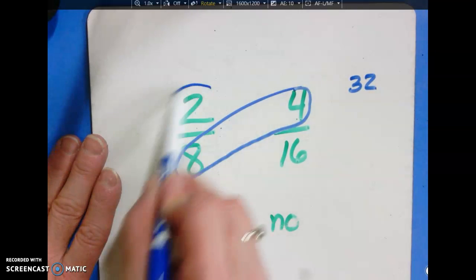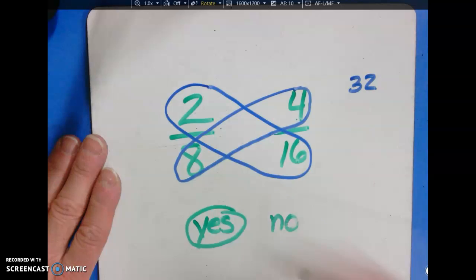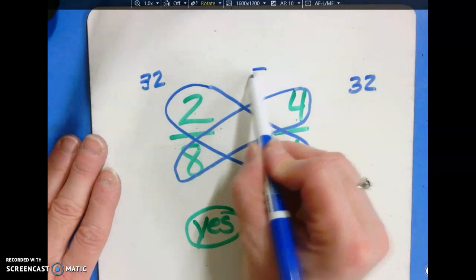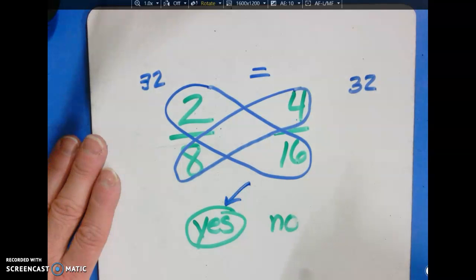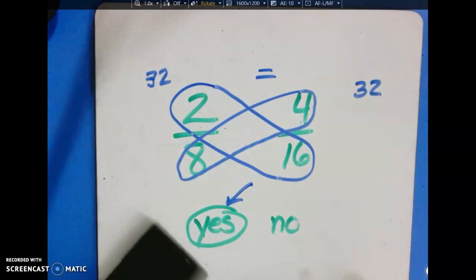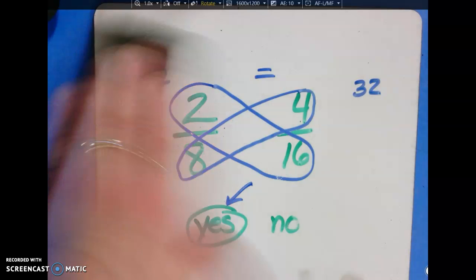And I have to cross multiply the other way. 16 times 2 is 32. So since 32 equals 32, yes, those fractions are equivalent. That's a pretty cool way, but then you have to be able to multiply sometimes bigger numbers to determine whether when you cross multiply, if they equal the same thing.